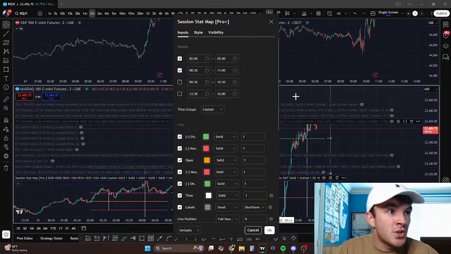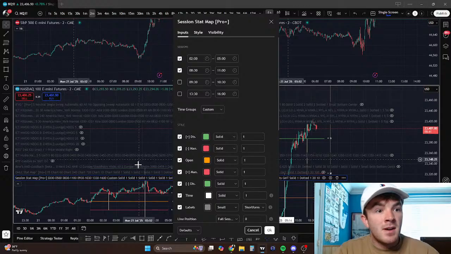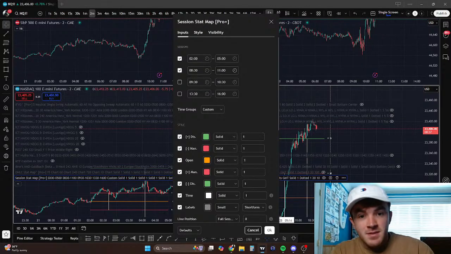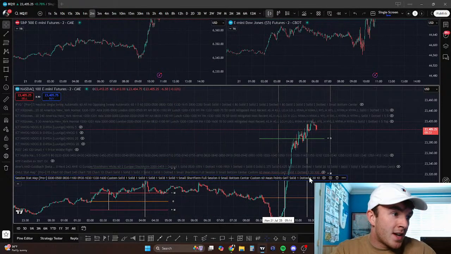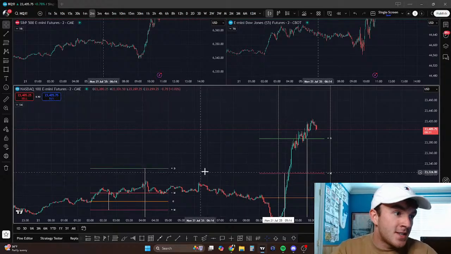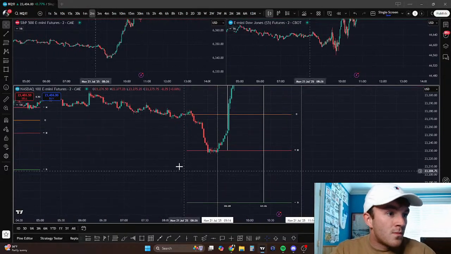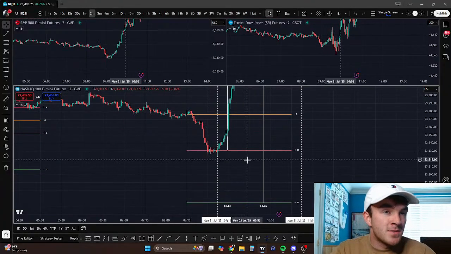Okay, so to show you guys what I'm looking at, right? This is the statistical mapping. It costs money, but I get it because I like it. 8:30 to 11, right? That's New York session. What we're looking at here is statistically, on a bullish day, we will manipulate to this red line for New York session.